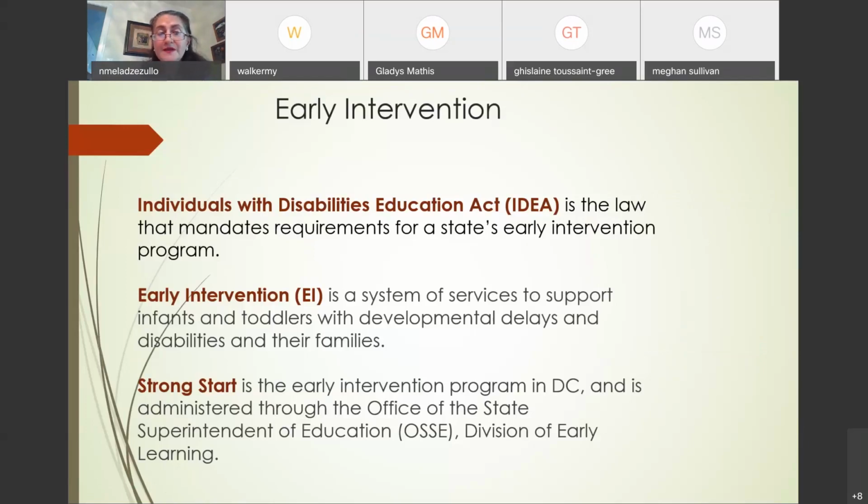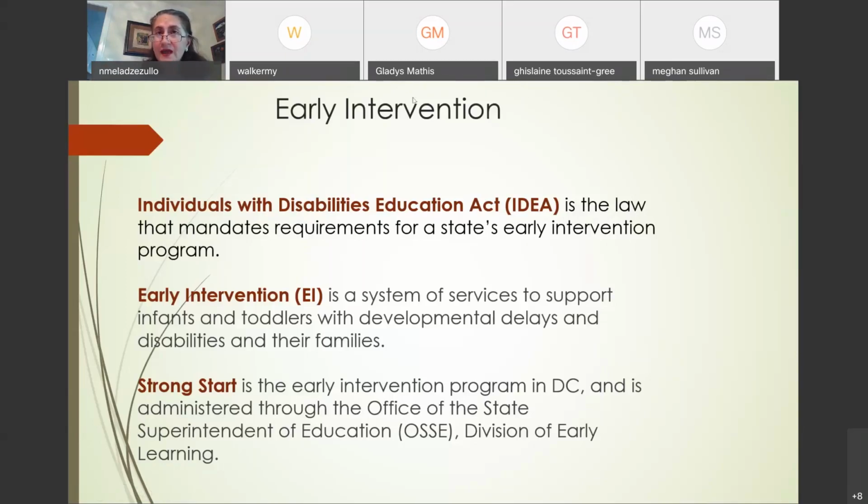So there is IDEA, the Individuals with Disabilities Education Act, that's the law, and that moderates the requirements for states' early intervention programs. And here in DC, our early intervention program is Strong Start. That's the organization dealing with children from 0 to 3, only 0 to 3, and I can tell you this is free.